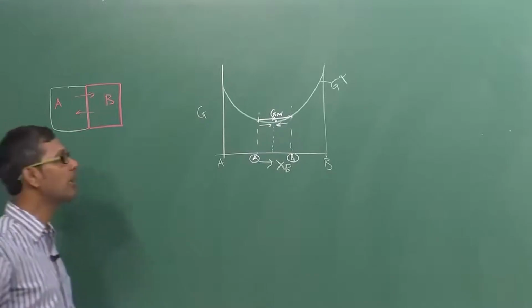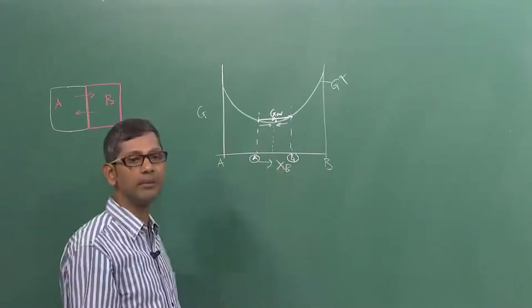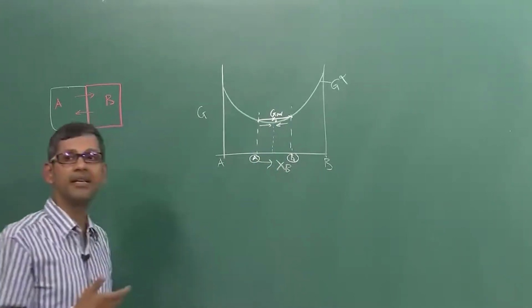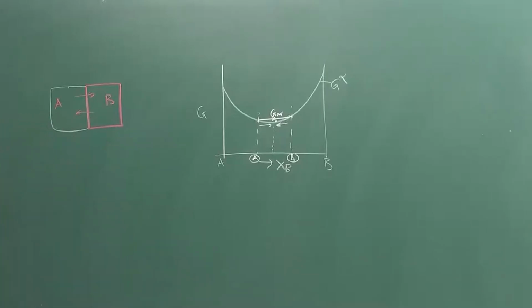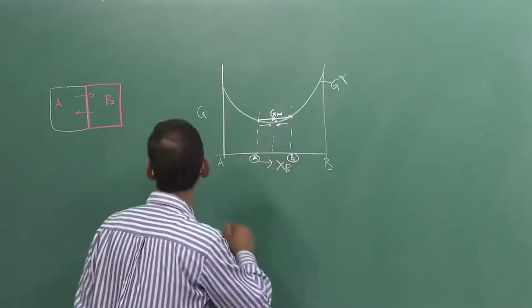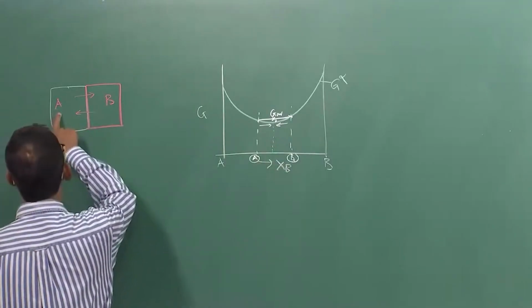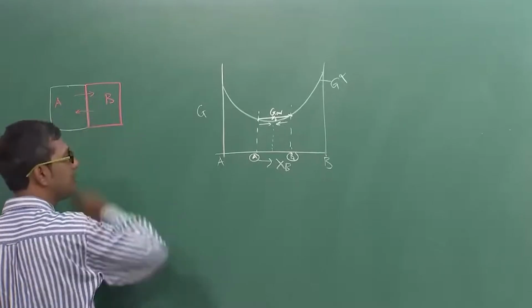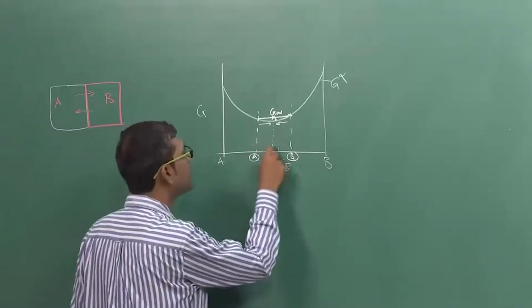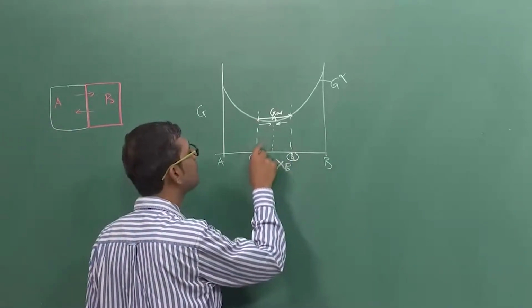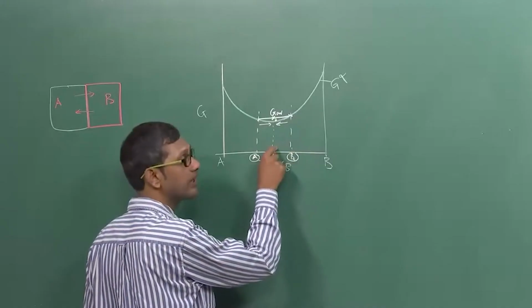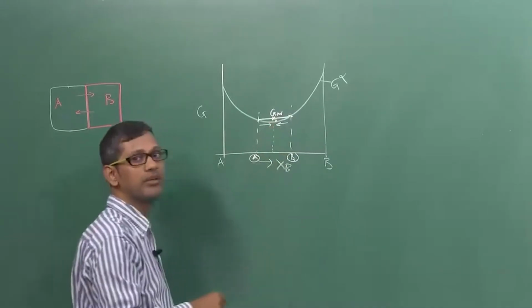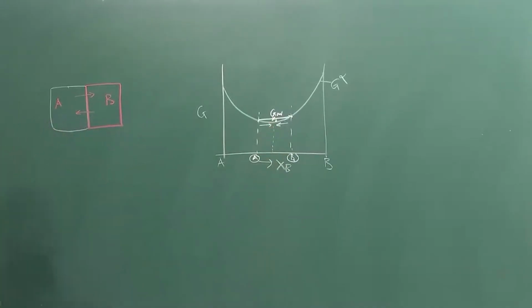So, therefore, there is a thermodynamic driving force for the diffusion to happen, and this is very evident. This thermodynamic driving force tells you diffusion will happen down the compositional gradient. Suppose some element is higher here, lower there, that element will diffuse from A to B. So, when it goes from A to B, the composition of A will change, the composition of B will also change, and because of that the free energy of the system will reduce. So, that is the main reason why things happen thermodynamically this way.